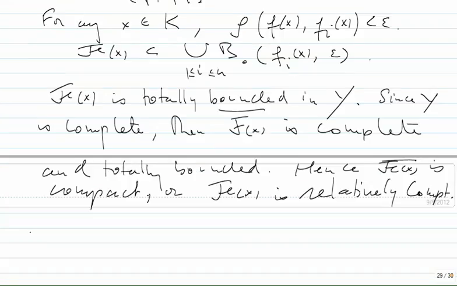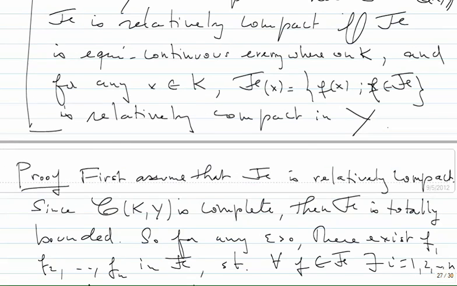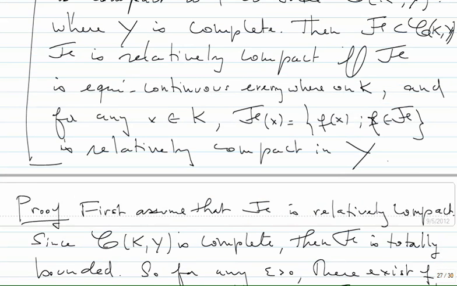Now let us prove the converse. I'm sorry, before I jump into the converse, the theorem says F is relatively compact if and only if F is equicontinuous everywhere and f of x is relatively compact.